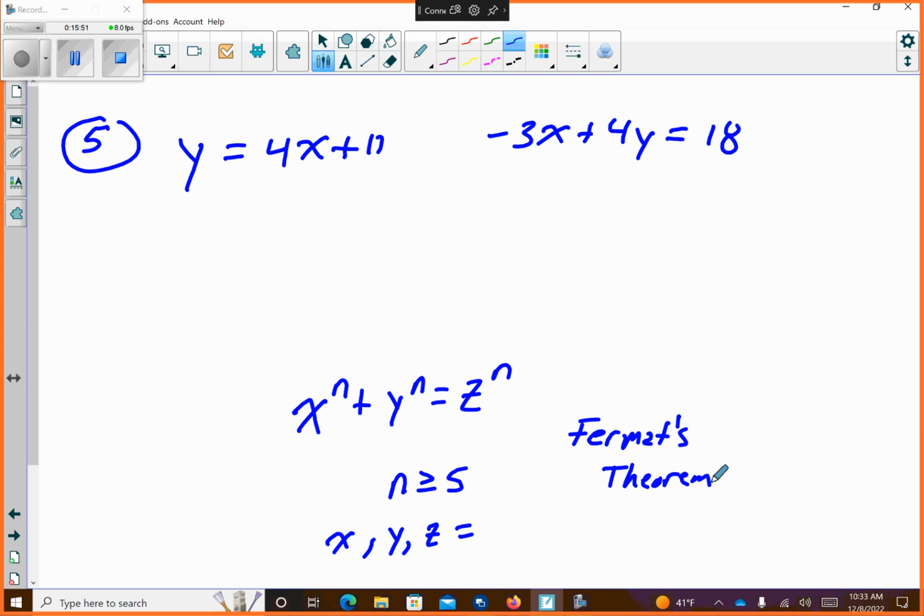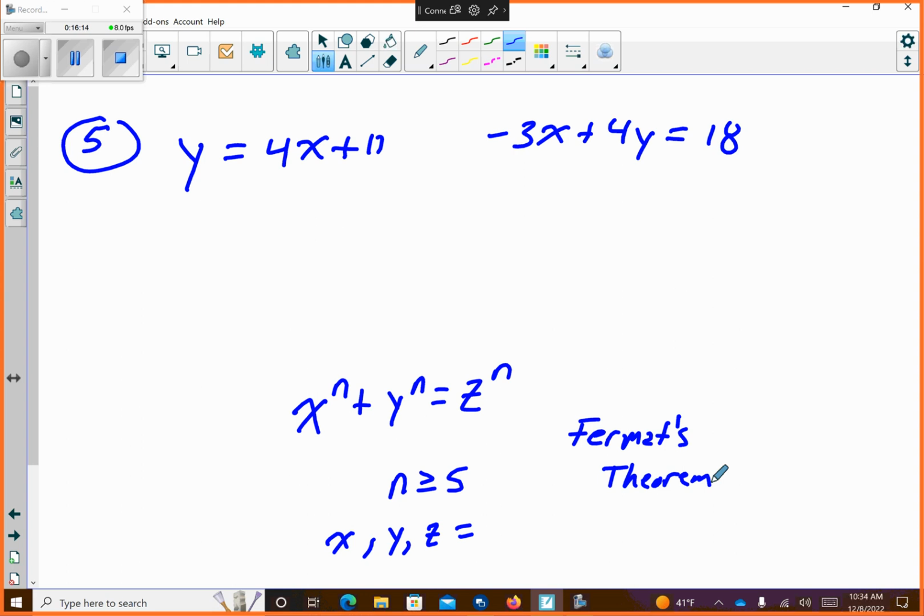Because he was like a German scientist. And Fermat, in his notes before he died, says he has Fermat's theorem, and in the little side area of the booklet, he wrote, I have solved this equation in another notebook.